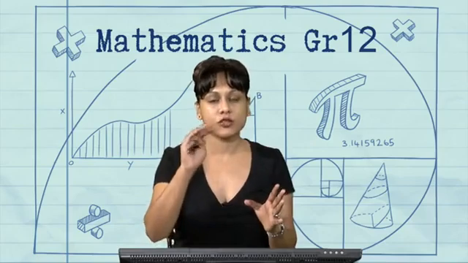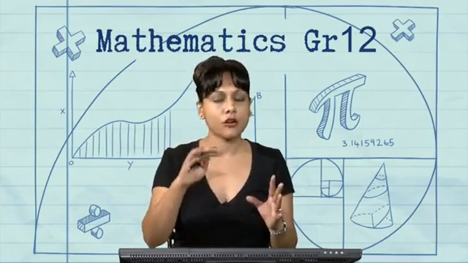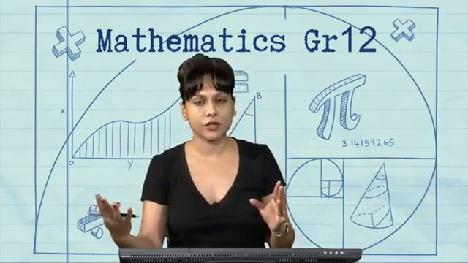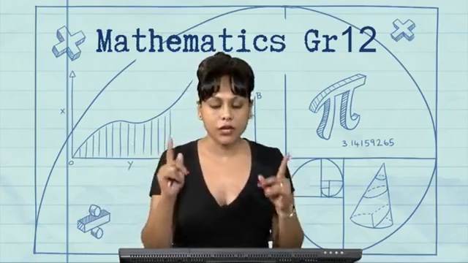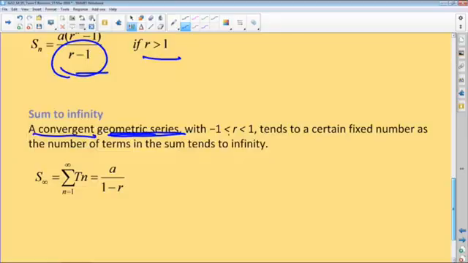Now, your geometric series doesn't only converge, it can also diverge. How do you decide? Well, if your ratio r is between the numbers -1 and 1, then you are dealing with a convergent geometric series. So it will tend to a certain fixed number as the number of terms in the sum tends to infinity.